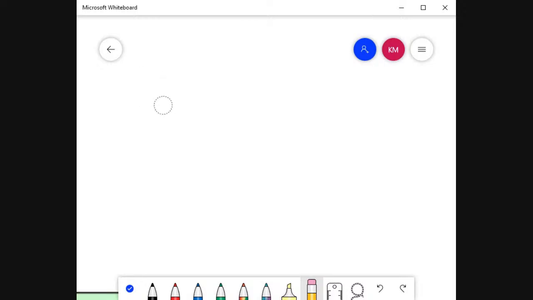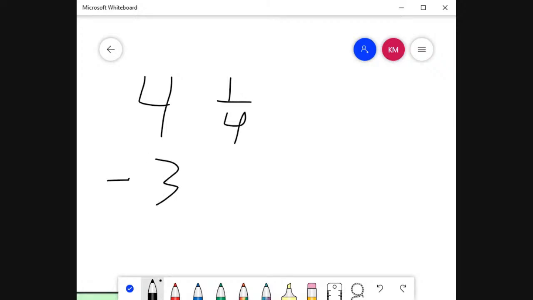So say, for instance, I have 4 and 1/4 minus 3 and 3/4. All right. Since the fraction on top is smaller than the fraction on the bottom, how do I subtract that?